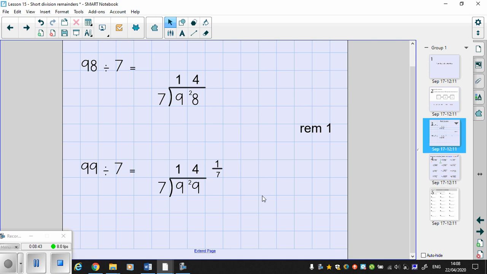So the answer could be 14 remainder 1, 14.14, or 14 1/7. So we can represent it as a remainder, or as a decimal, or as a mixed number with a fraction.